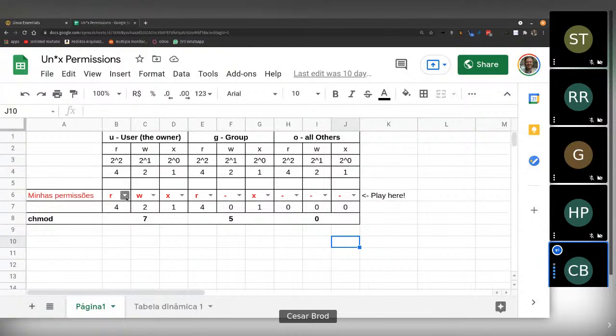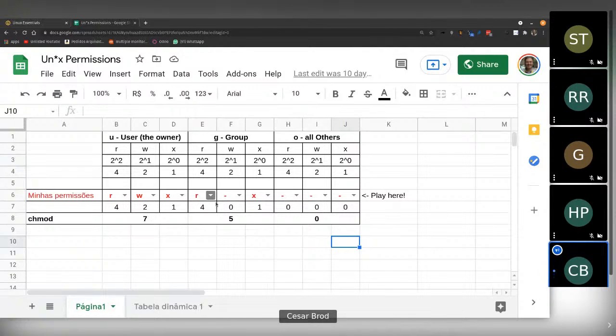And here you can play with the permissions for the user, for the group, and for the others: read, write, execute. So here, for instance, I'm saying that myself as the user, I can do everything. So I add 4 and 2 and 1, which you already know now are 2 to the power of 0, 2 to the power of 1, and 2 to the power of 2.